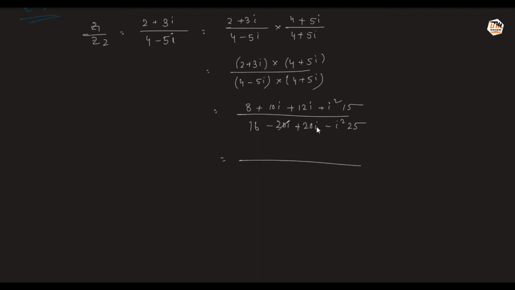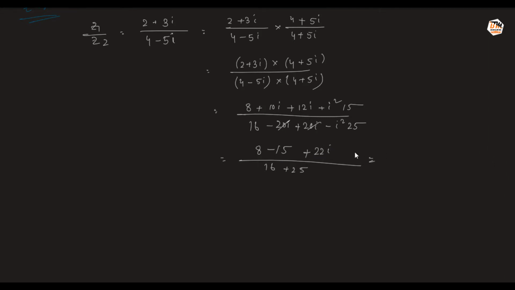So the i terms vanish in the lower part, and it is 16 plus 25. In the upper part, 8 minus 15, as i square equals minus 1, so that is minus 7, and 10i plus 12i, that is 22i.